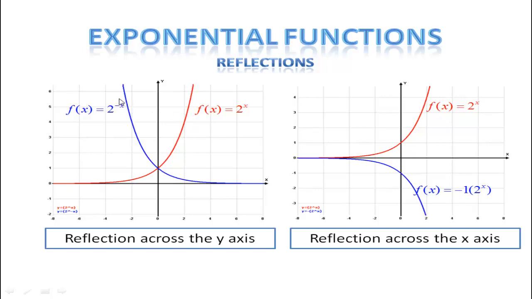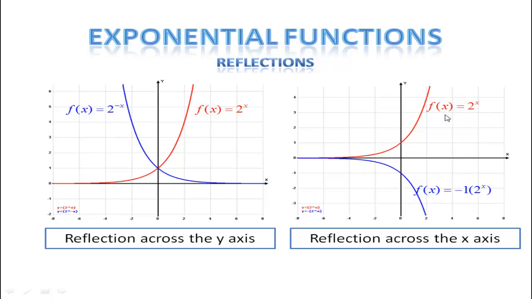When I said here it affects your x, I mean that your positive x values are now negative x values, because that's what it says, the opposite of x. So if my parent function had positive x values, now I'll have negative x values. So that's why this becomes a reflection. Here, my positive y values are now negative y values. That's why my y values here that were positive are now negative y values.